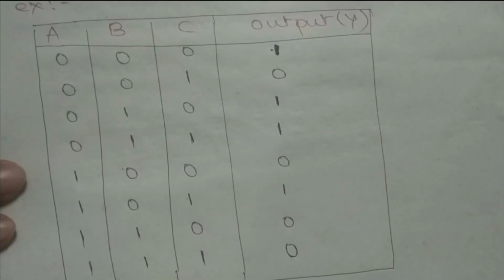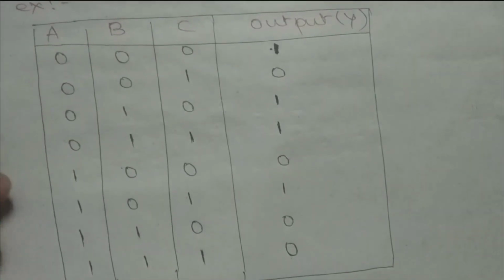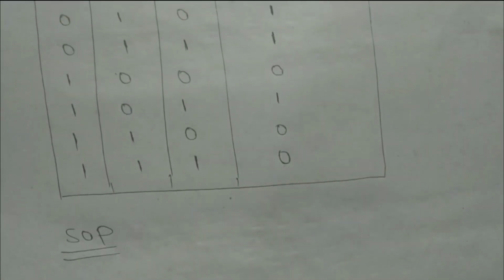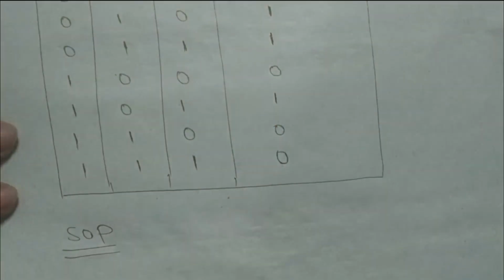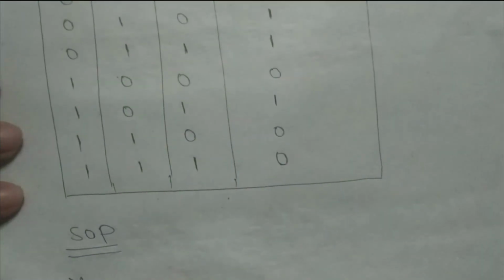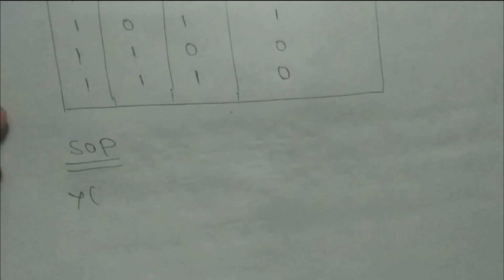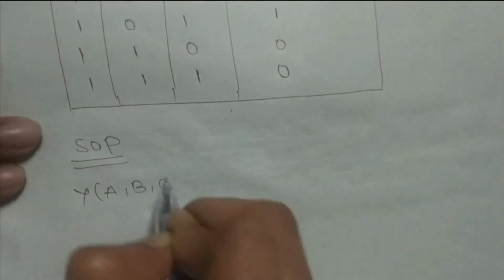First of all SOP, that is sum of products. SOP represents the expression for the terms which give high output. See here, Y is a function of A, B, C.